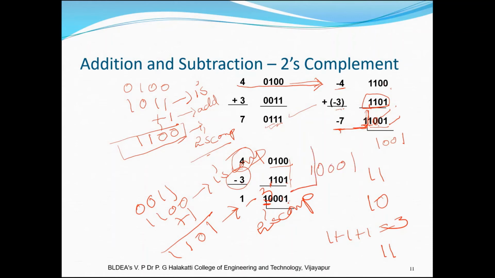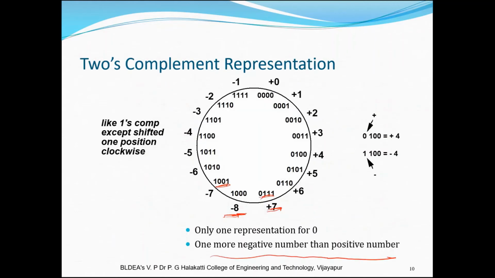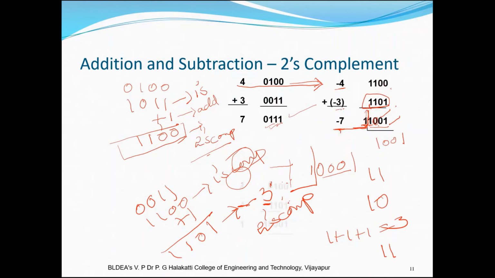Since it is only 4-bit representation, if I discard the carry, I am going to get 0001, which is equal to 1 in 2's complement. So you can see here 0001 is +1. So the answer is +1 when I perform 4 plus minus 3 addition.